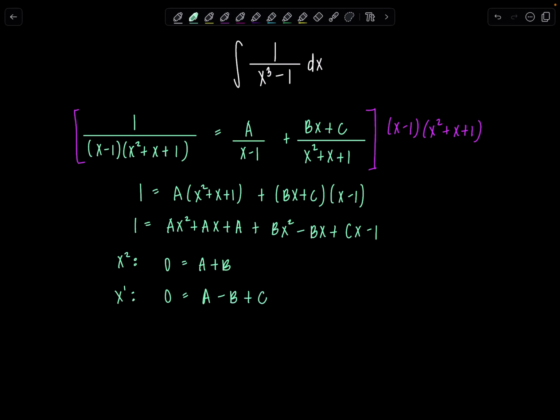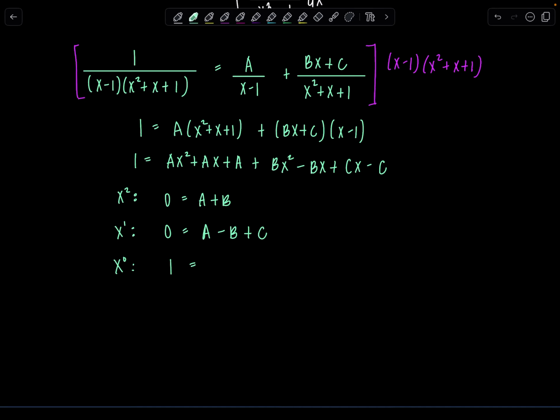And then x to the 0, my constant term, I have 1 equals, guys, what in the world? Why did I write a 1? This should be a C. Are you yelling at me through the screen? So sorry. So 1 equals, very good, A minus C. All right, so easiest thing I think is, let me solve for B here.